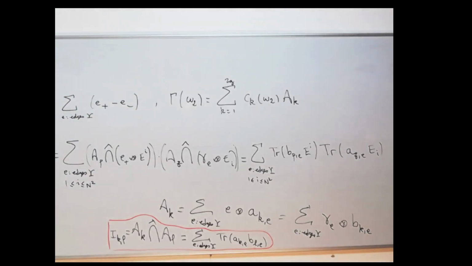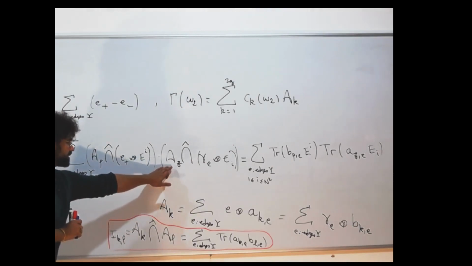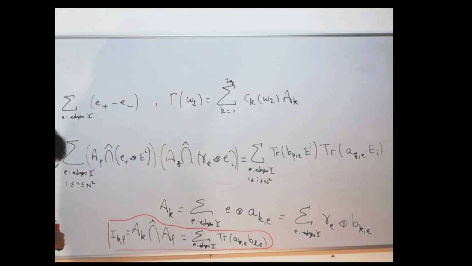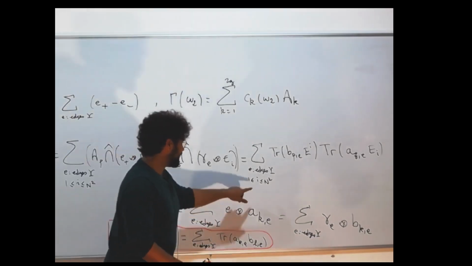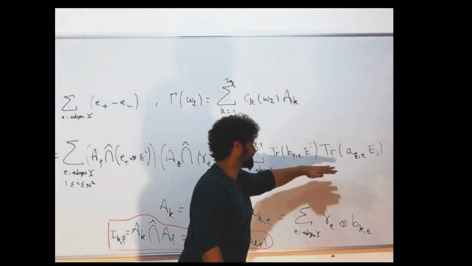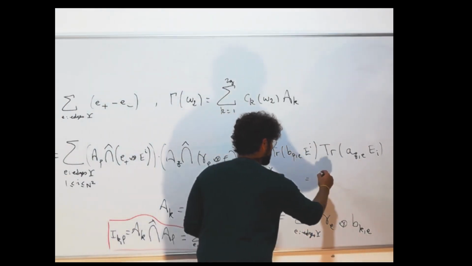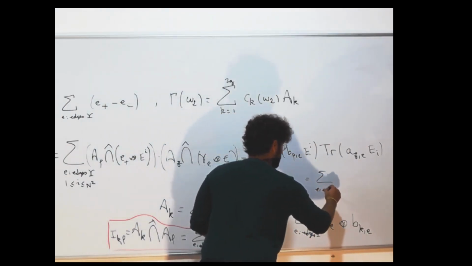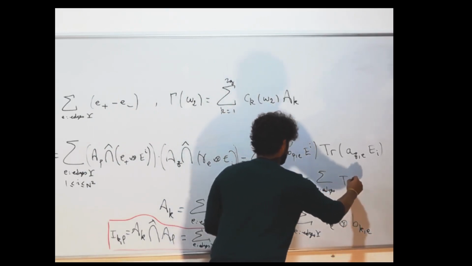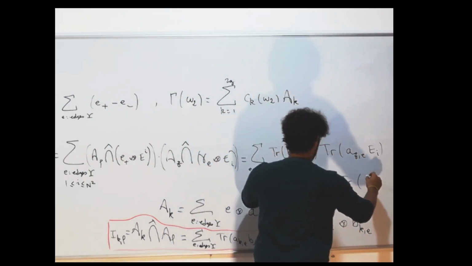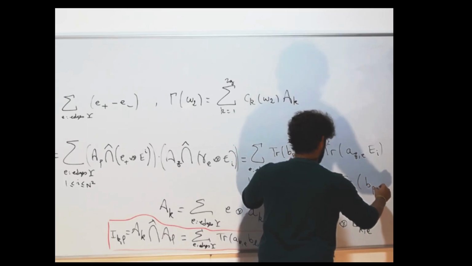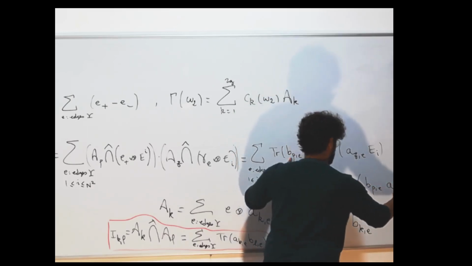So going back and forth between different representations of these cycles, you get this expression here. Now the sum over I of this trace times this trace, by definition, is just the sum over the edges of the trace of B_P E A_Q E.